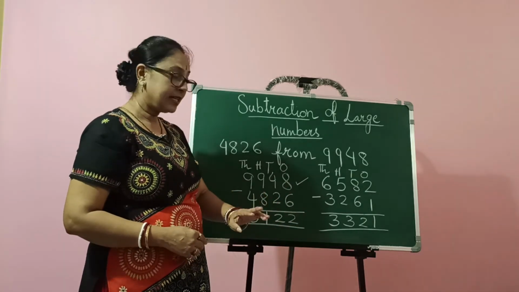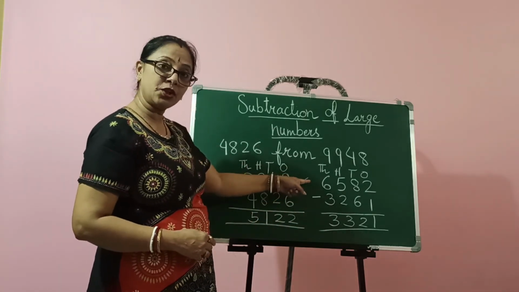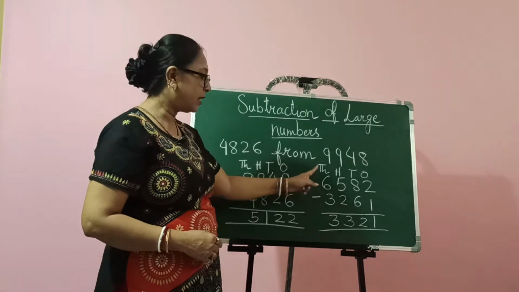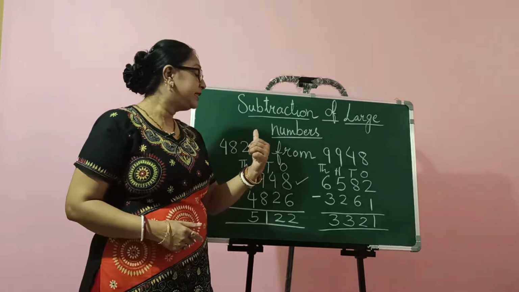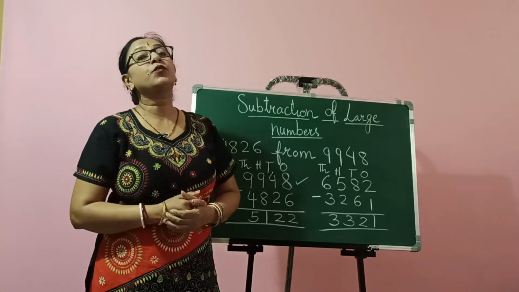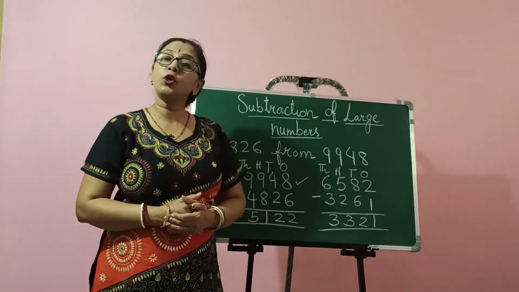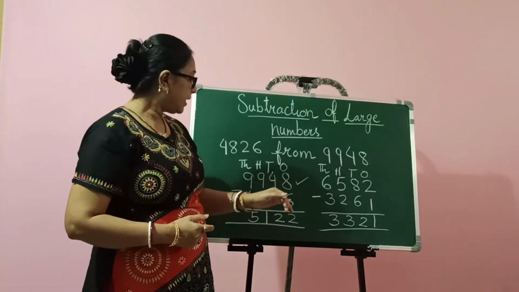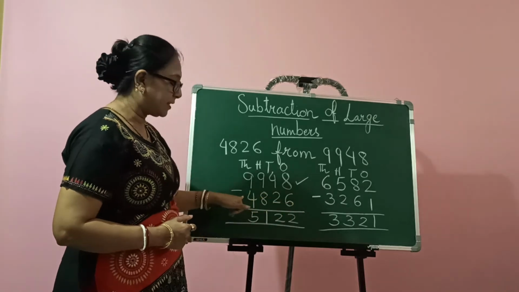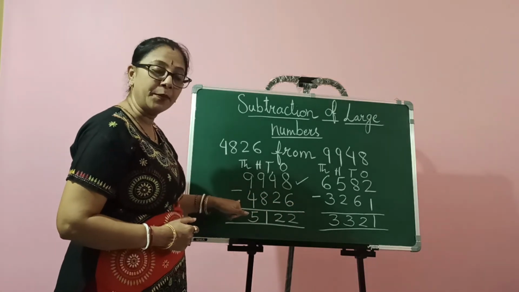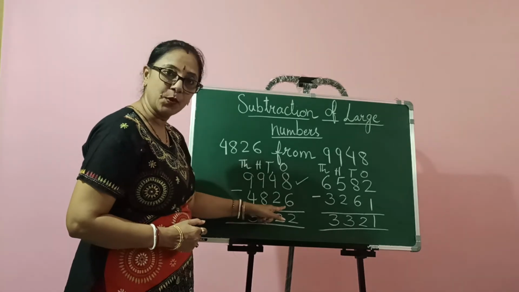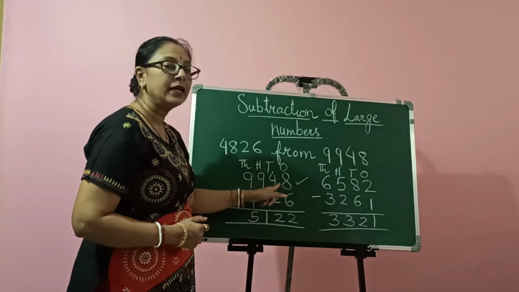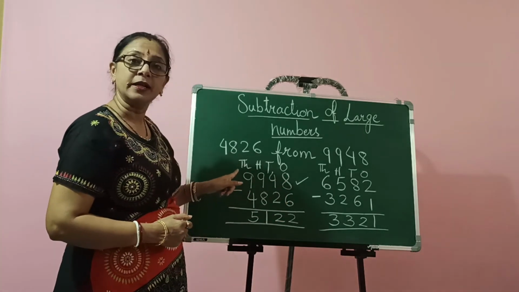Remember, write the larger number on the top. From the larger number, we subtract the smaller number. Now, this is the procedure which we follow when we don't have to borrow, because here the digits of the smaller number are all smaller than the digits of the larger number.